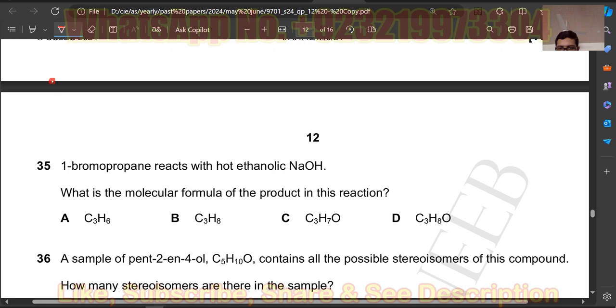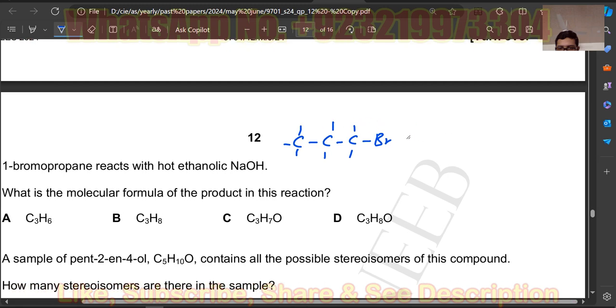1-bromopropane reacts with hot ethanolic NaOH. What is the molecular formula of the product in this reaction? This question is again very simple. We first need to construct the formula of 1-bromopropane. Now this is 1-bromopropane with the relevant number of hydrogens bonded to carbon.